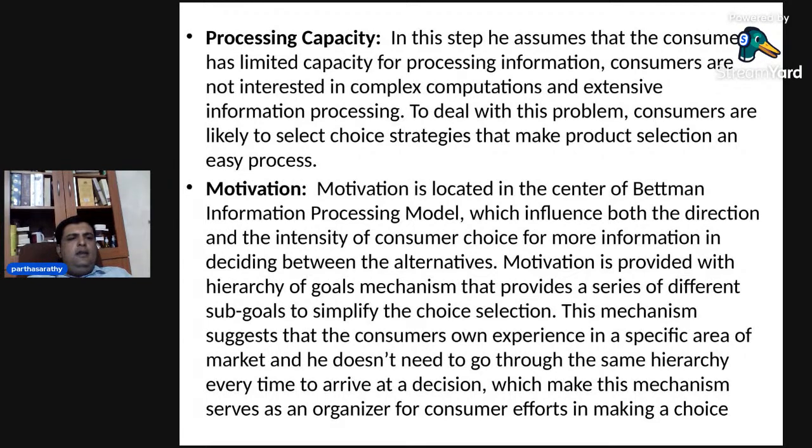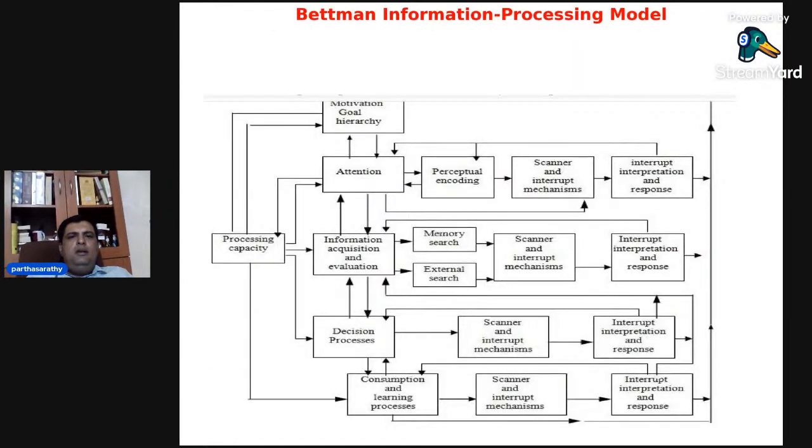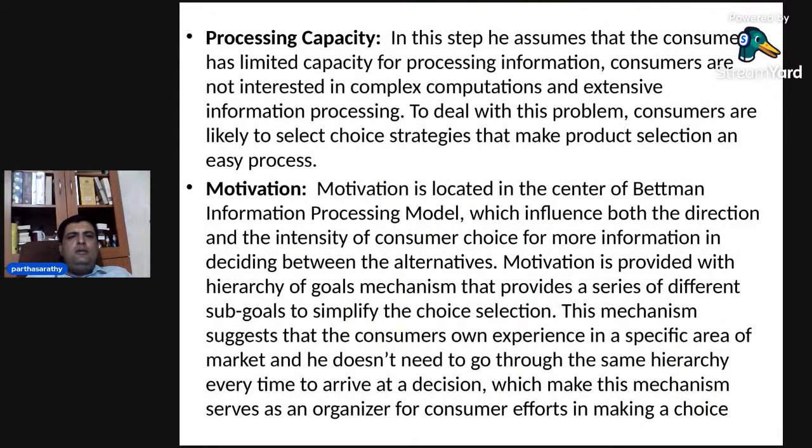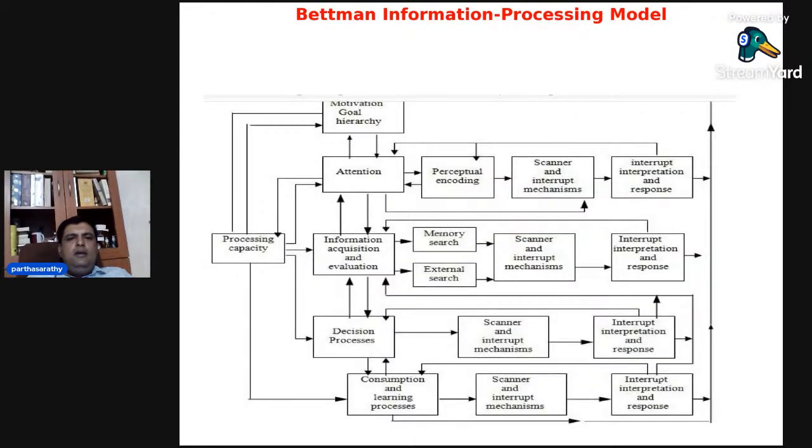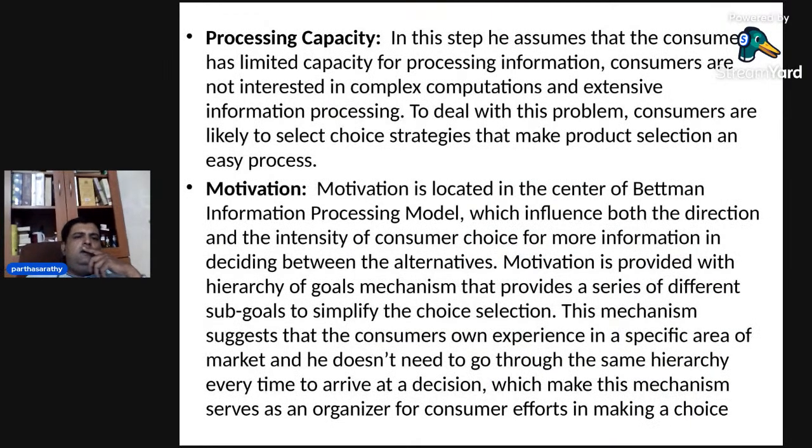Next, in this Bettman information model, first he talks about the processing capacity. So next one is motivation. Motivation is located in the center of the Bettman information processing model, which influences both the direction and intensity of consumer choice for more information. See, only if a customer is motivated, he will go for further analysis and research. If the customer is not motivated, he will drop the message then and there itself.